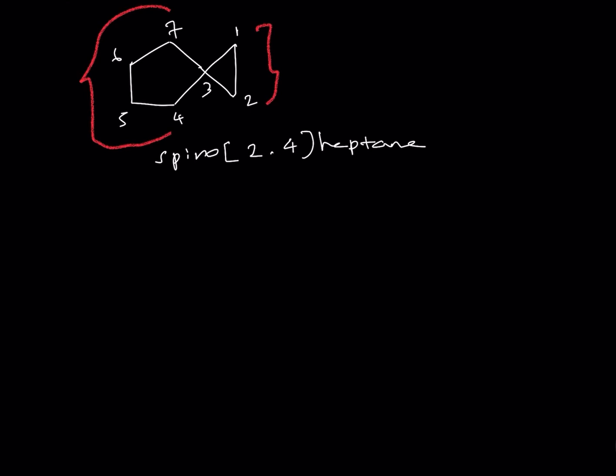So let's discuss more examples. Let us say we have a molecule like this. Then one bromine here, one aldehyde group there. So how to number it now?